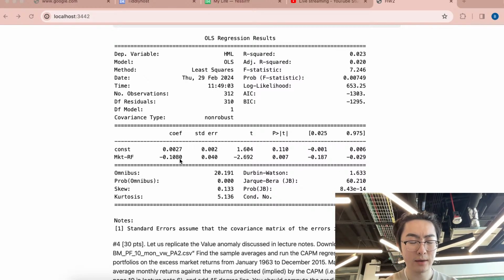But now we have a negative beta, so there's this negative correlation between the market and our high minus low book to market portfolio.